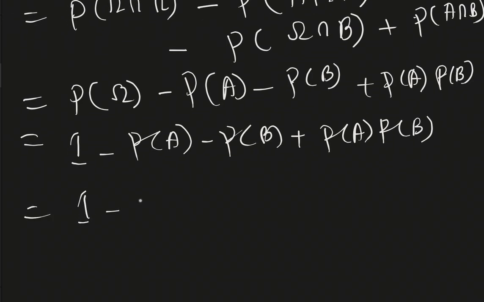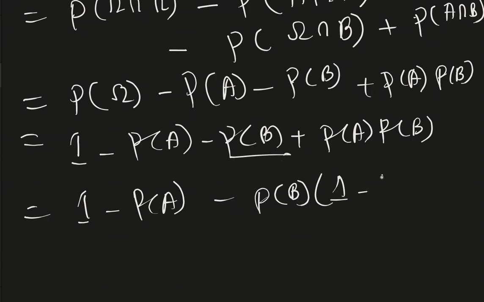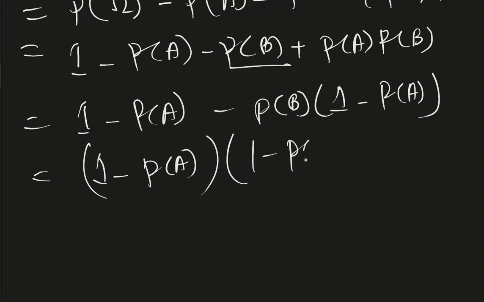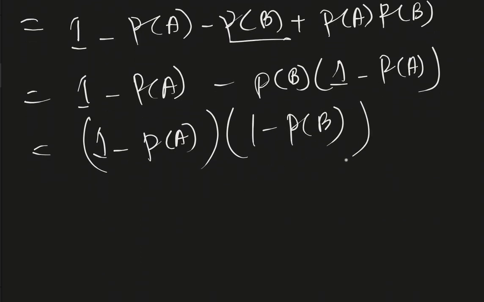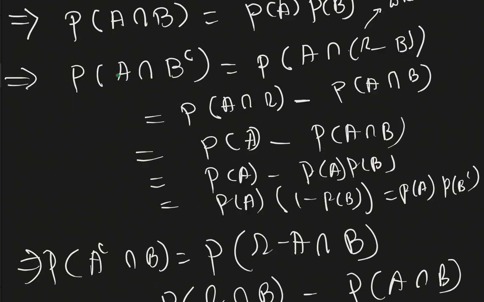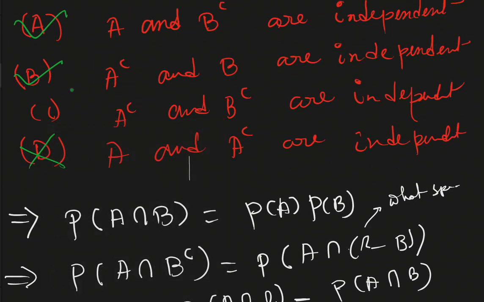So 1 minus PA, take PB common, that is 1 minus PA, so 1 minus PA into 1 minus PB. So that means P of A complement and probability of B complement. So that means this is also independent of each other.